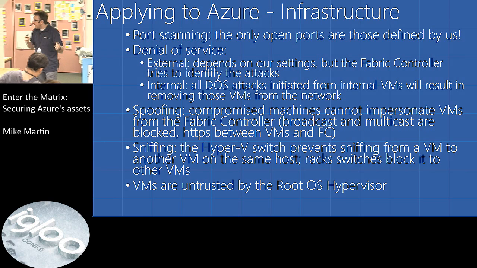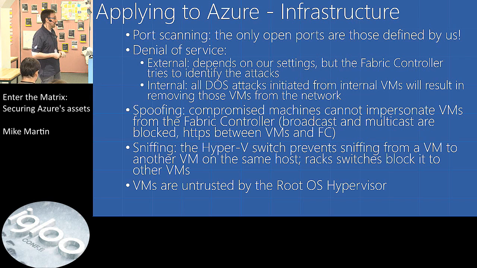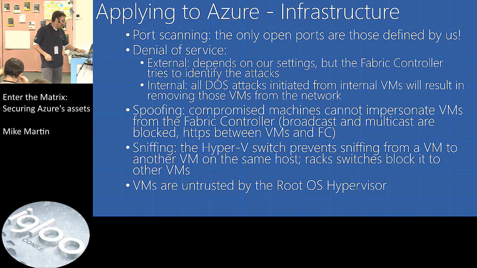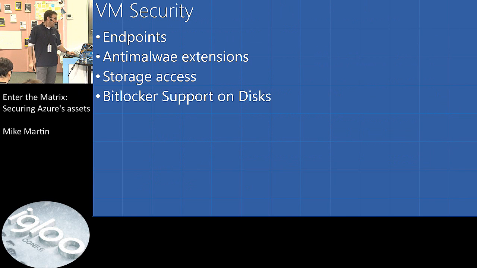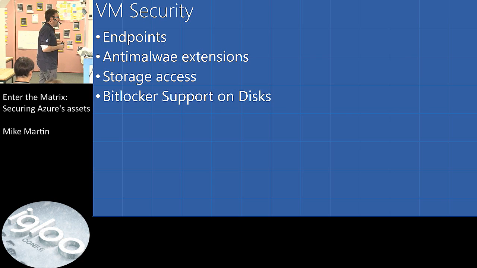And even the Hyper-V switching disallows sniffing from the other VMs on the same host. So also, as I already mentioned, VMs are untrusted by the root OS hypervisor. What can be put in there as a security endpoint? Well, we have the endpoints on the containers, and we also have the NSGs, as I already mentioned.